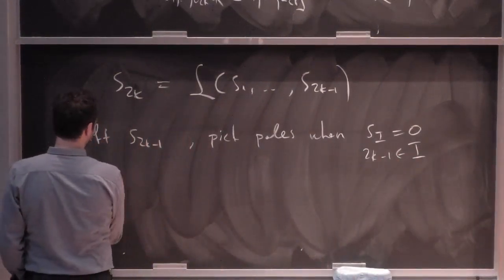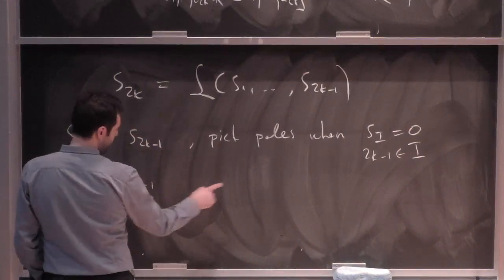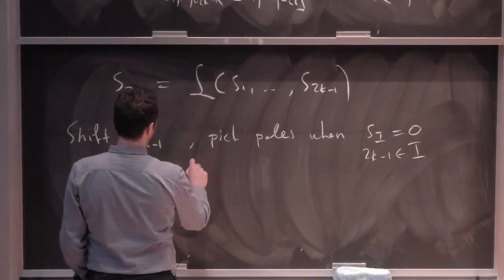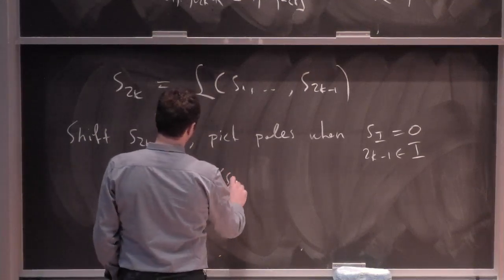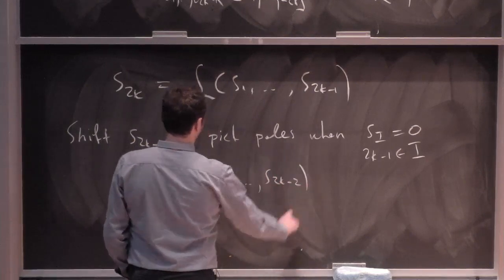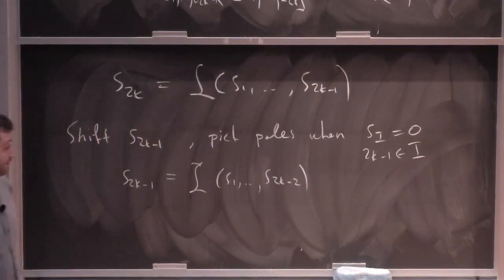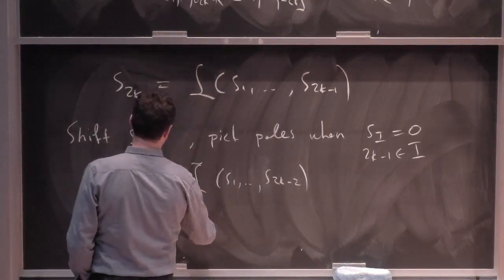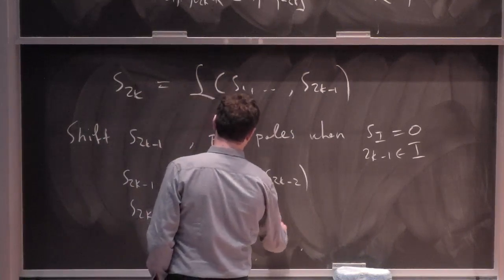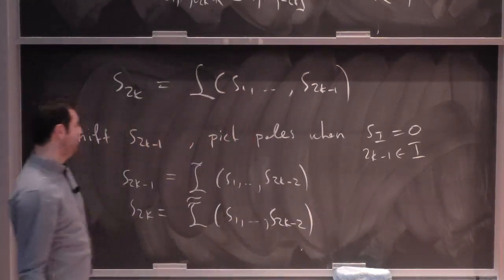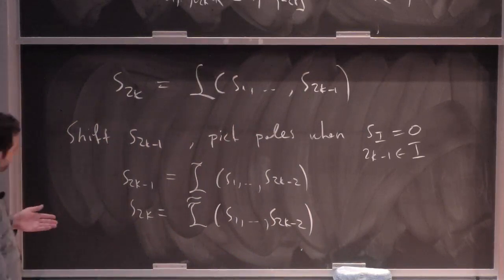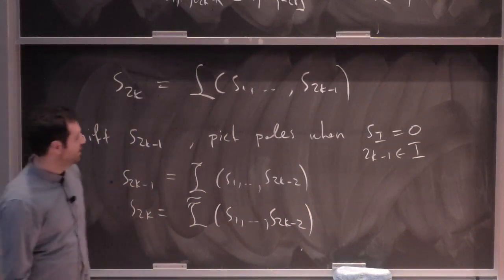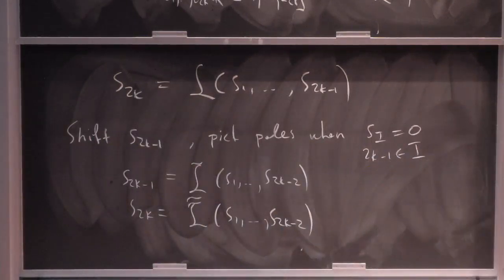And let me just also tell you here that this condition means that s_2k minus 1 can be written as a linear form in the 2k minus 2 remaining variables, and therefore also s_2k can also be written as such a linear form. So every time you eliminate one variable, it becomes a linear combination of the remaining variables till you can no longer shift contours.